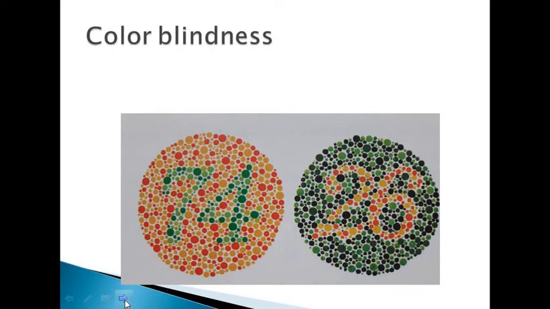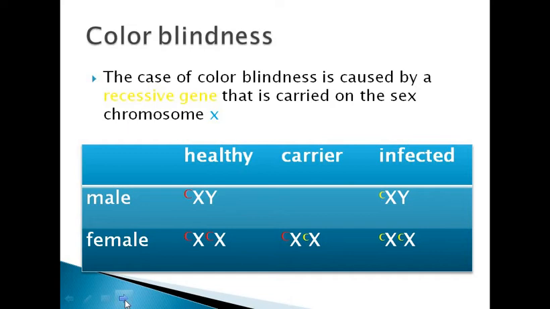But if you can recognize the numbers well, be sure that you don't have color blindness. The case of color blindness is caused by a recessive gene, and this gene is sex-linked, so it is carried on the X chromosome.